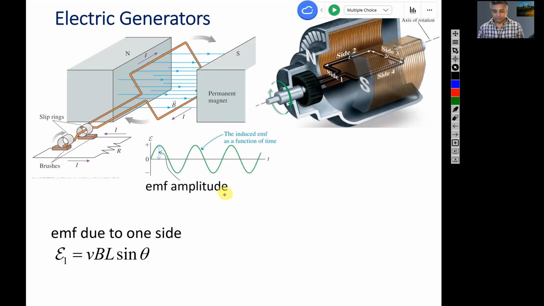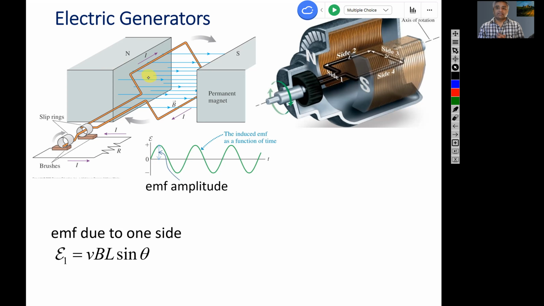Okay, so just like I was saying, that problem gave us the limitation of just moving a straight wire in a magnetic field. So what we do is we make a coil, that way we can spin really fast. So that's how it's done. That's what electric generators are.